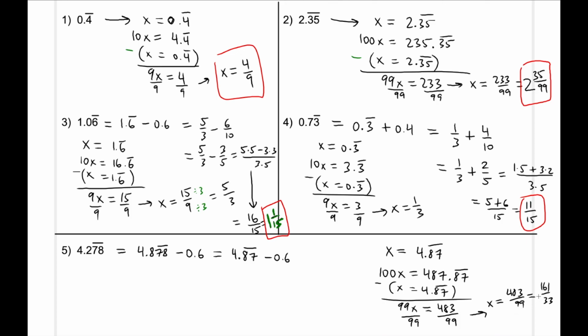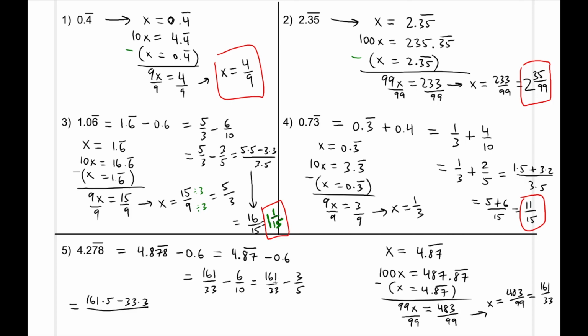We can work with this because we can just write 161 over 33 minus 6 tenths. The 6 tenths can be reduced by dividing both by 2, giving 3/5. So 33 times 5 will be the LCD in that case. You're going to have to multiply 161 by 5, and then minus 33 times 3.